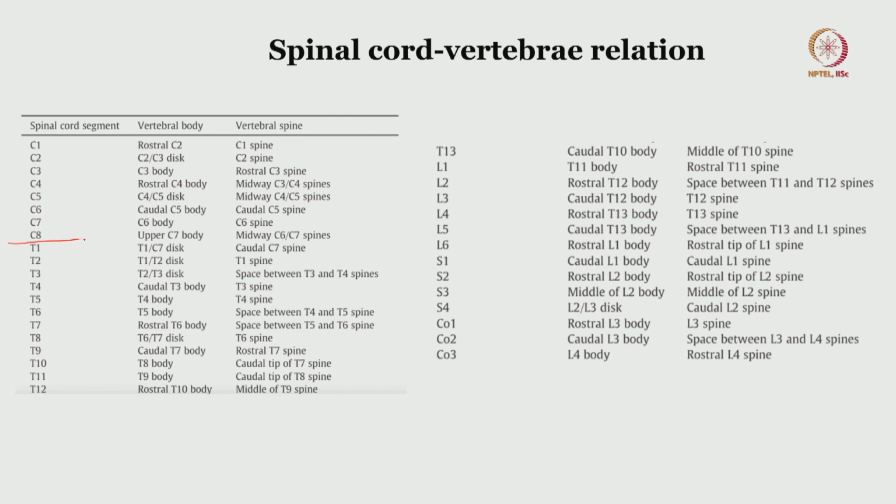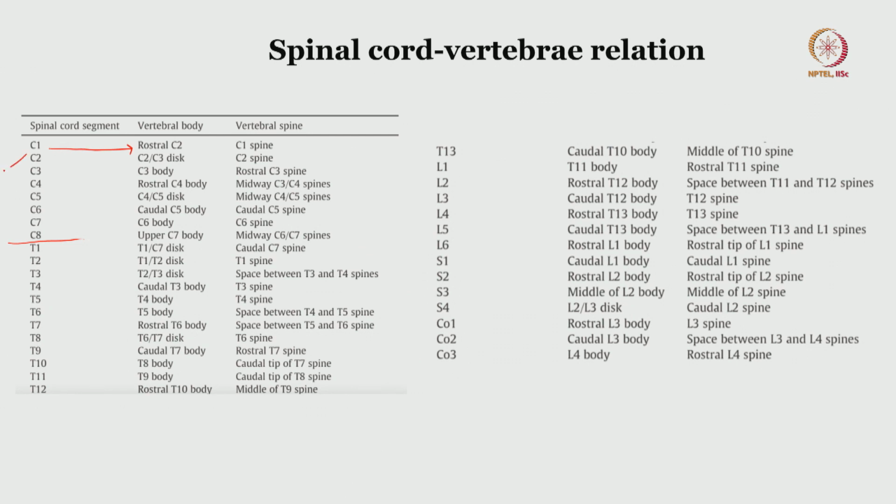These days we do have imaging backup, but when it comes to surgery, we need to go by various surface landmarks and skeletal landmarks before we approach a particular spinal cord segment. This gives the exact relation, where you can see the first cervical cord segment.